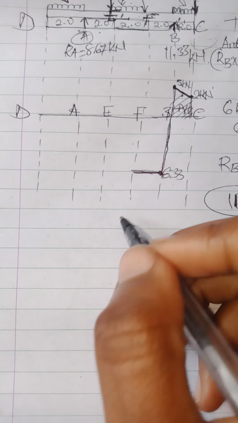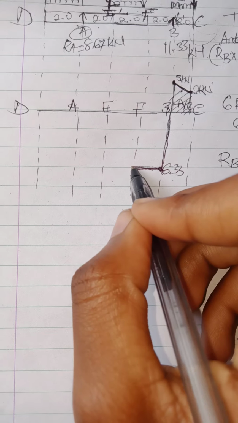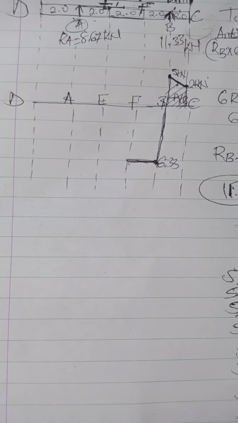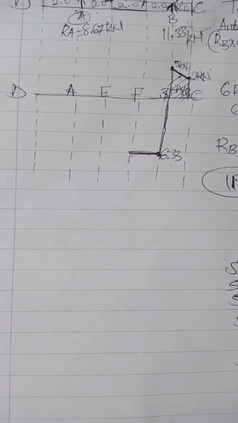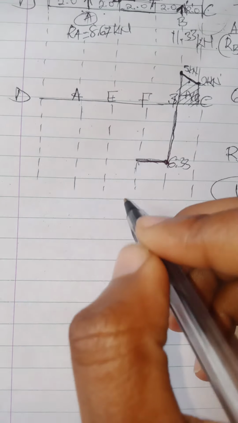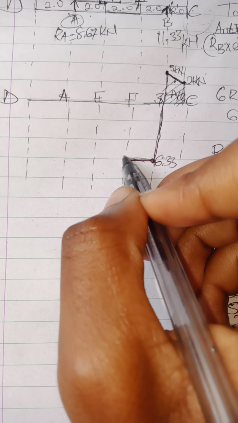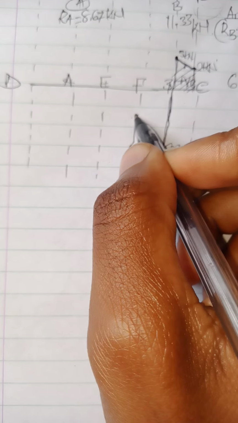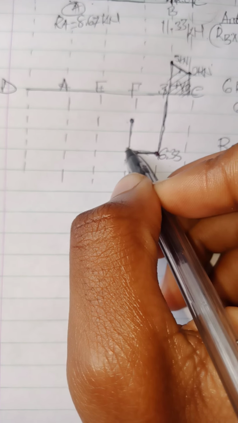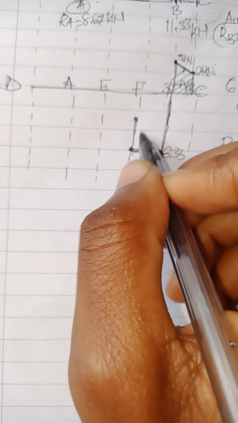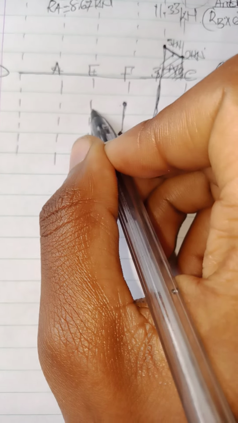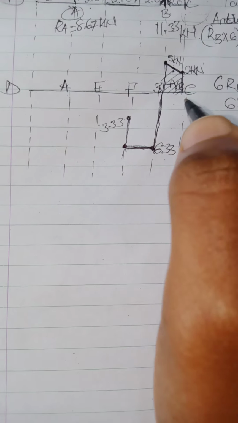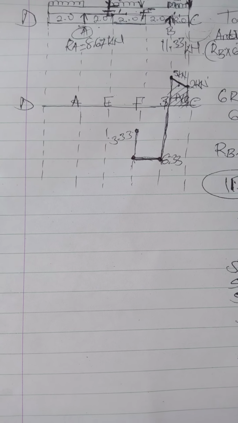Then SF at F is negative 6.33, somewhere here. This is negative 6.33. Now this is negative 3.33 kilonewtons.